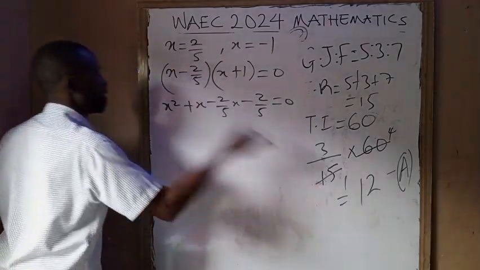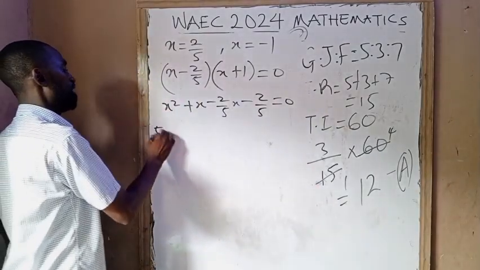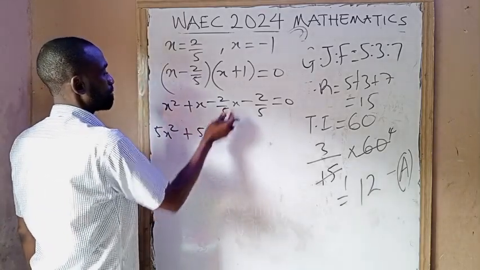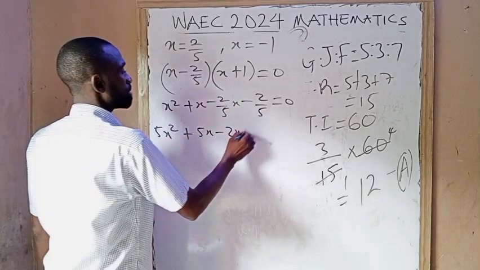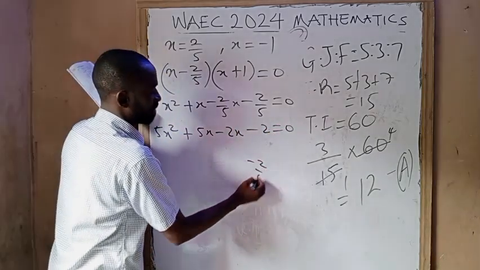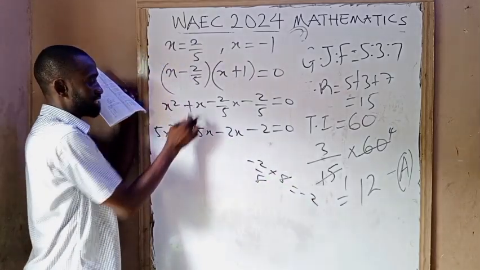I'll now multiply by the LCM, which is 5. So now it becomes 5x squared plus 5x minus 2x minus 2 equals 0, since minus 2 over 5 times 5 is minus 2, and x times 5 is 5x.